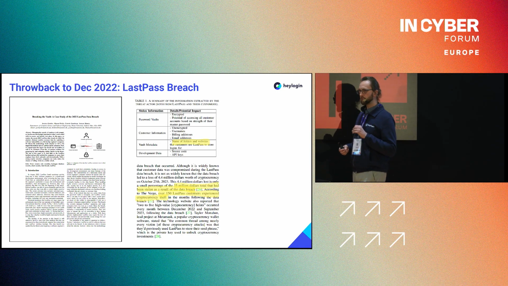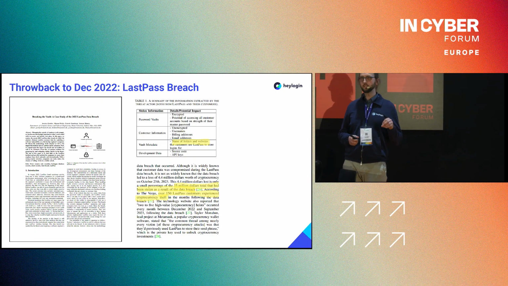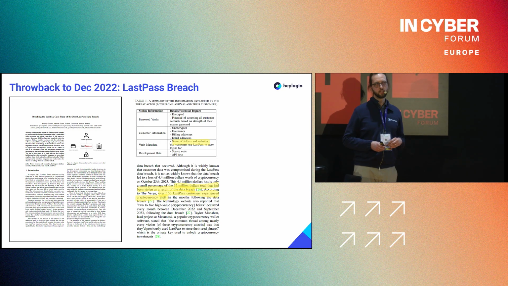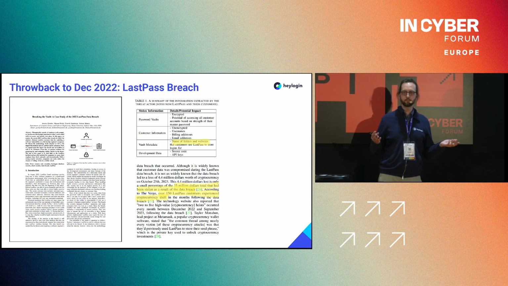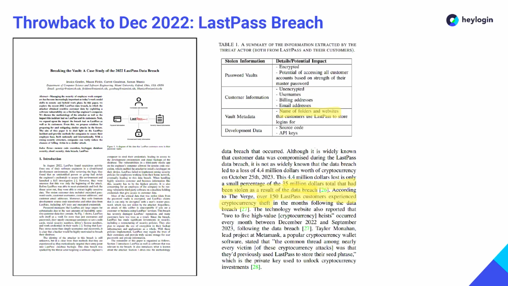Because some customers of LastPass stored the cryptocurrency seeds of their cryptocurrency wallets inside LastPass. And after that LastPass breach, several months later, several of these wallets have been emptied. So there is a high suspicion that attackers were able to brute force these master passwords and actually use the decrypted information to steal cryptocurrencies.